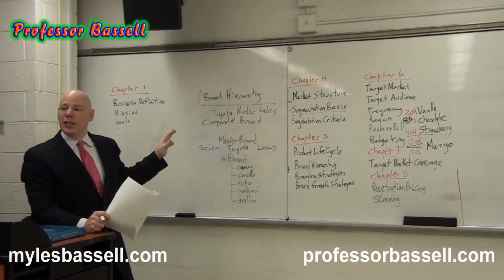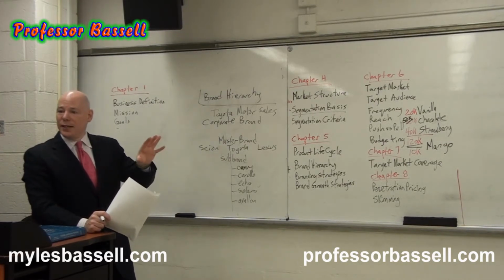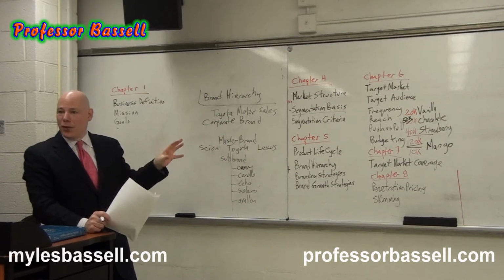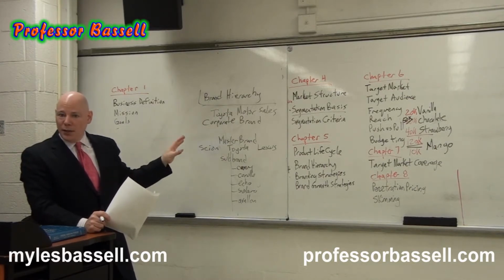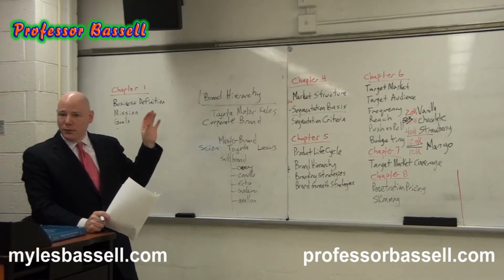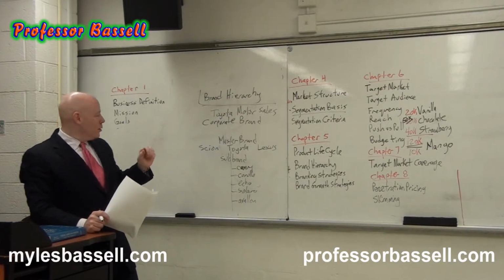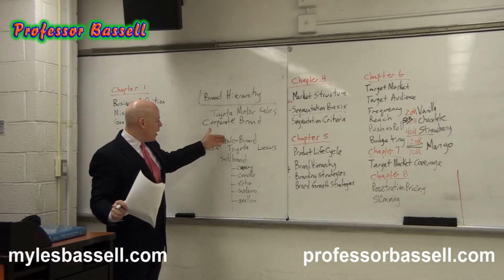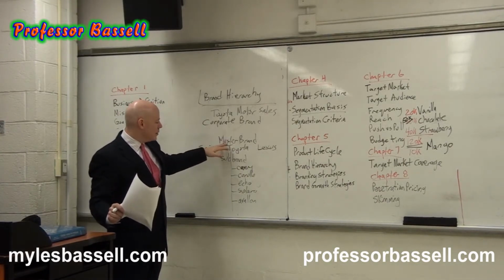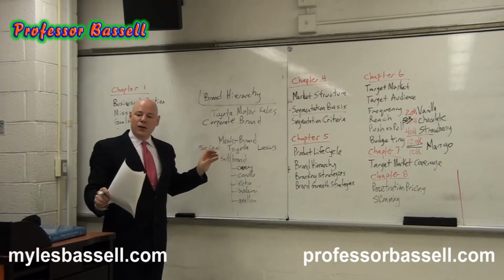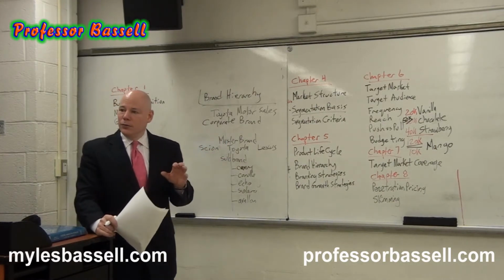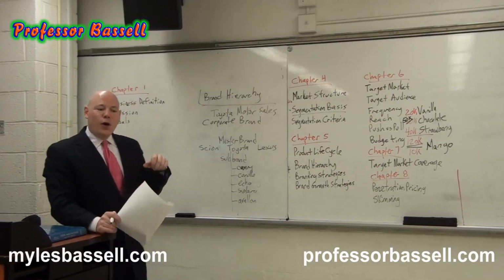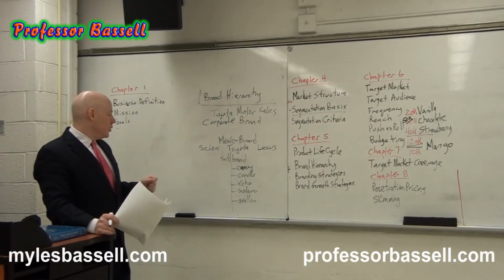So this is an example of a brand hierarchy. For this company, Toyota Motor Sales USA, that's their corporate brand. In their portfolio, they have several master brands: Scion, Toyota, and Lexus. An example of sub-brands is when you associate the master brand with another brand in your portfolio to help facilitate the adoption of that product.